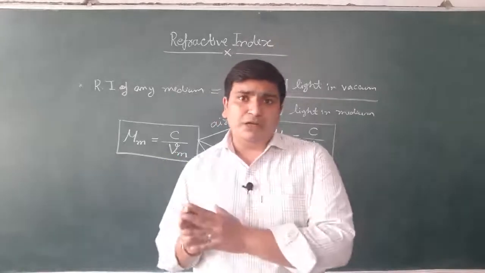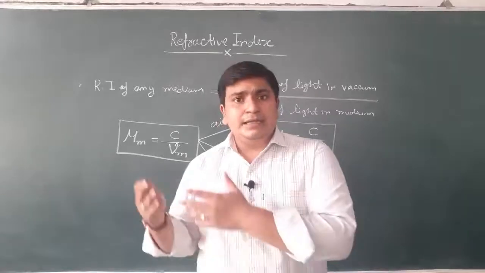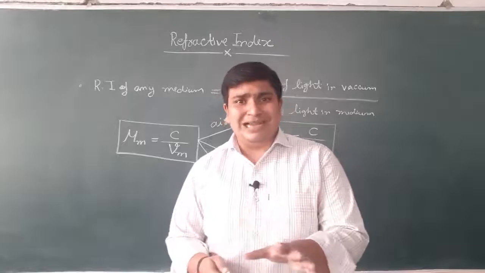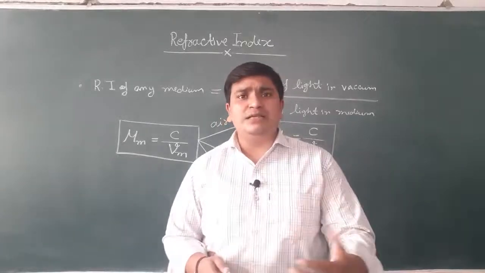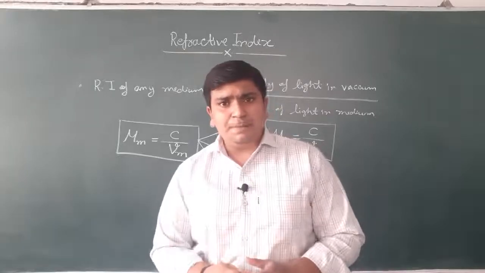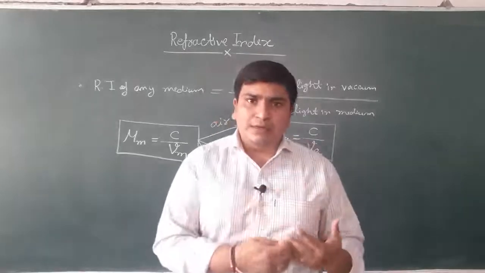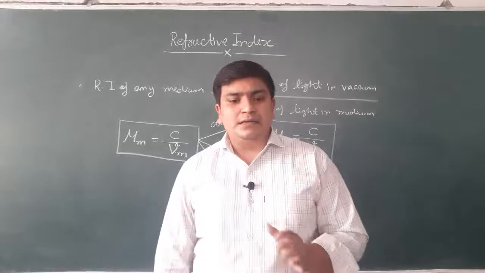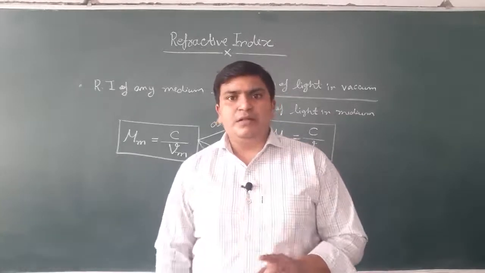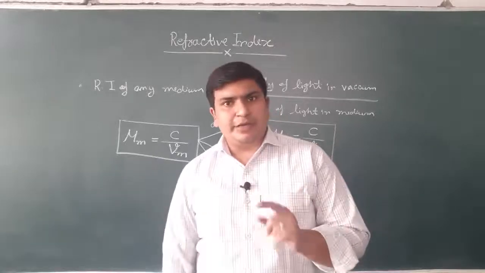So the light ray suffers some kind of scattering, refraction and collision with the intermolecules of the medium, which may result in a change in velocity and wavelength, but always remember there will be no change in the frequency.